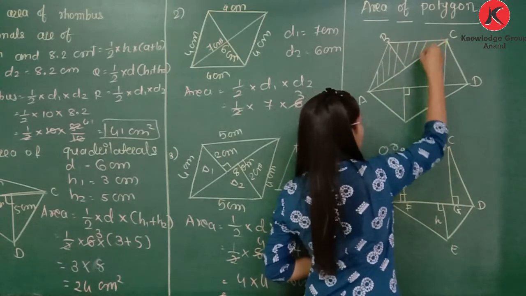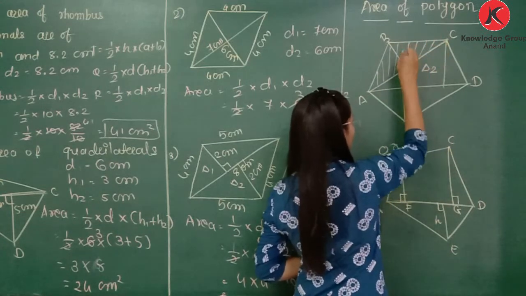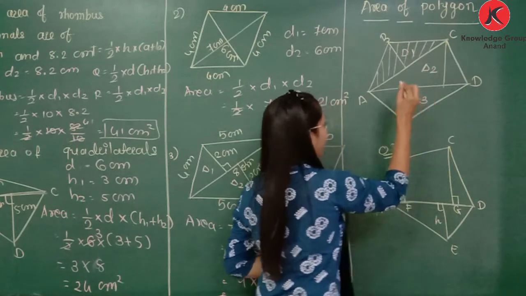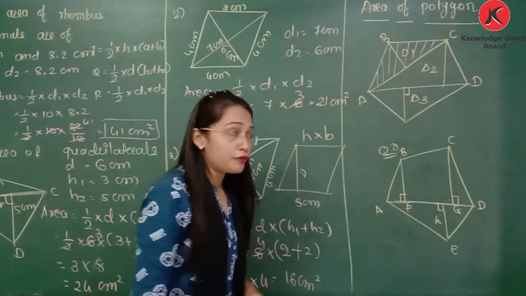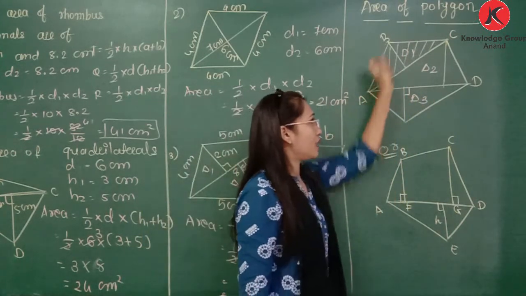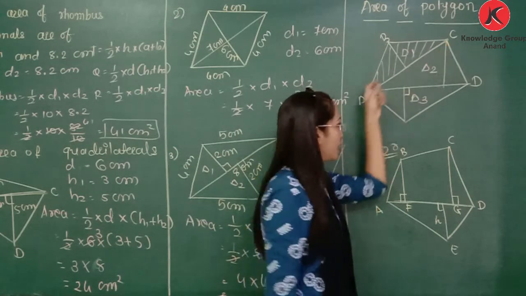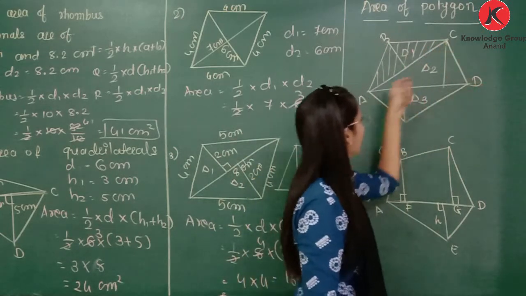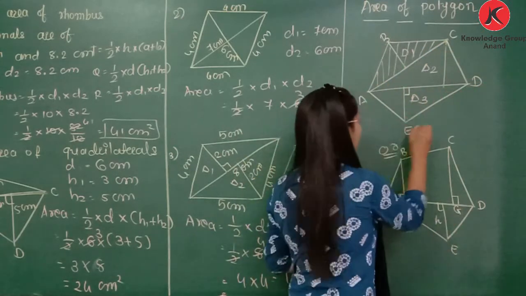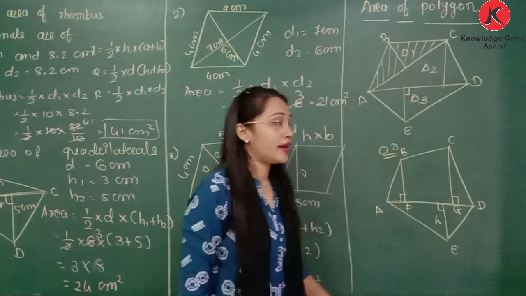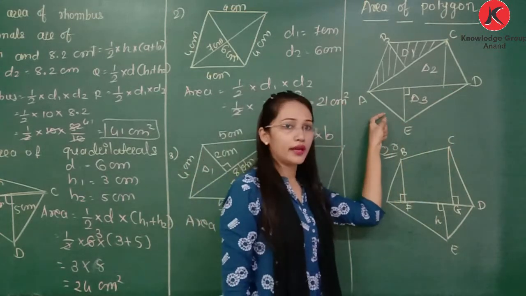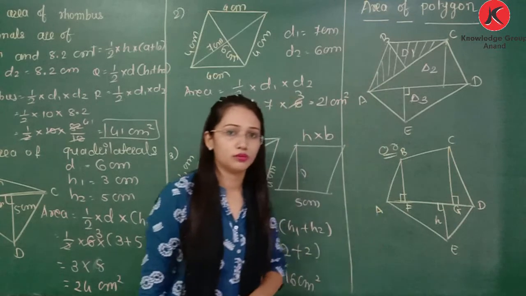This is our first triangle, this is triangle 2, and this is triangle 3. So if we find the area of triangle ABC, then the area of ACD and ADE, and after that we add all three areas, then we get the area of this polygon.